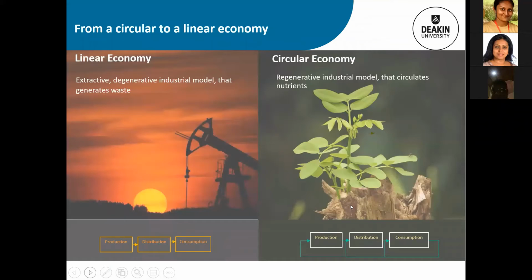So we want to move from this model, where economic activity increases and has a negative impact on the environment, to a new model. The model that we want to go towards is one where, when we increase economic activity or consumption, the degeneration of the environment is minimal, and if possible, regeneration happens.